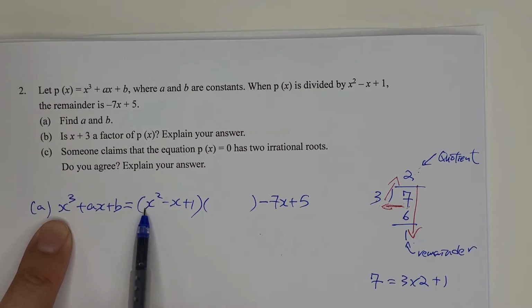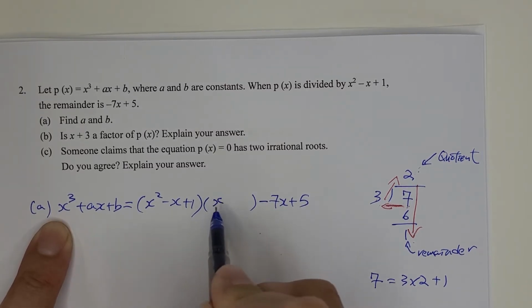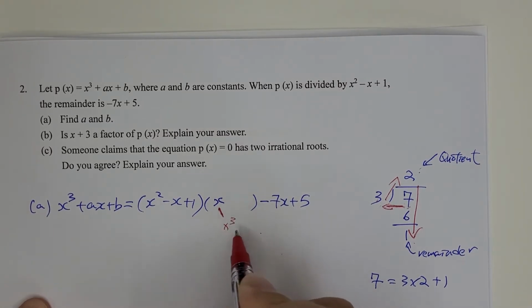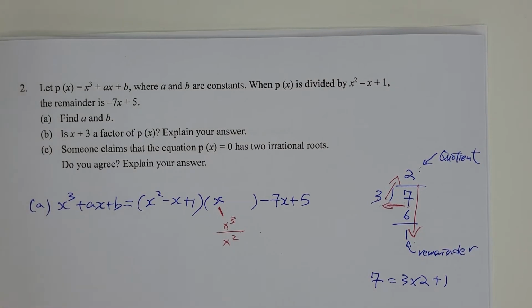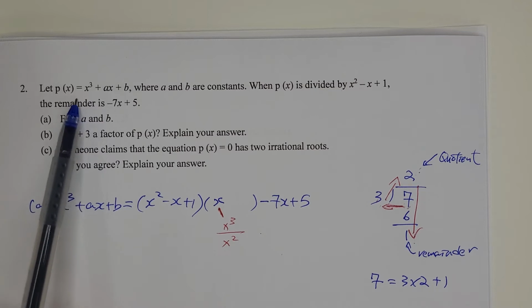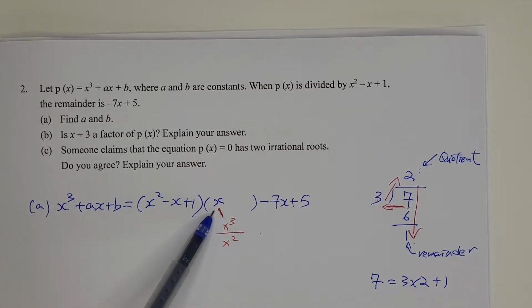When x cubed is divided by x squared, the first term of the quotient would be x only. And how do we get this x? That is x cubed divided by x squared. You need to look at the function here. Sometimes it may be 2x cubed divided by x squared, so the quotient will be 2x.